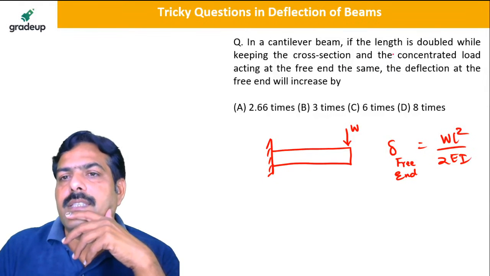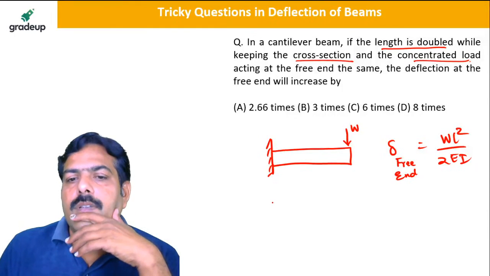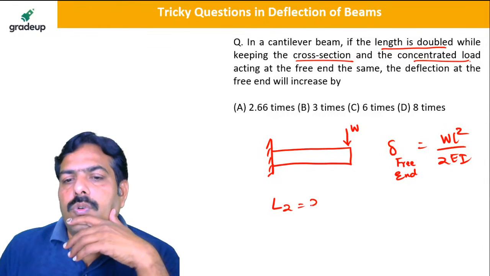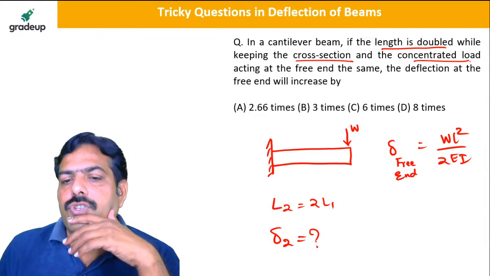Now the question is, if the length is doubled, keeping the cross section and the load the same, so L2 is equal to 2 times L1, then delta 2 is equal to how much?